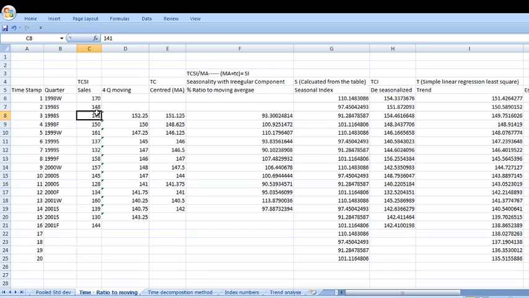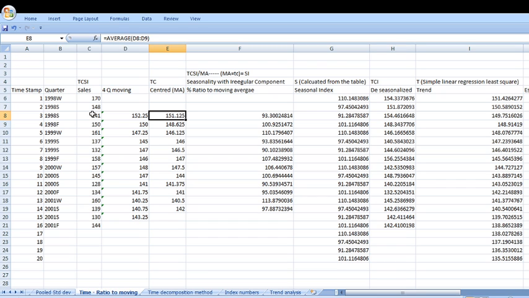So for the first set of observations, 2.5 is the center value, and for the second moving average we have taken with 4, it's 3.5. If I take an average of 2.5 and 3.5, the result is 3. So if I take an average of these 2 values, I can comfortably fit that value against the third observation. That's how I have centered this. This is called a centered moving average.